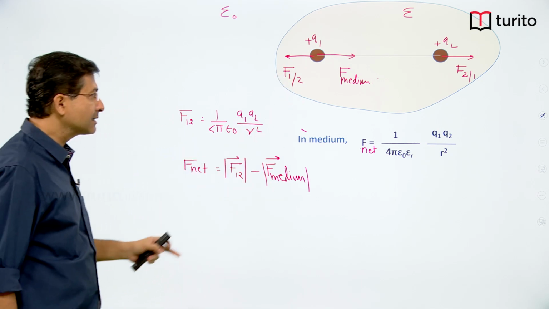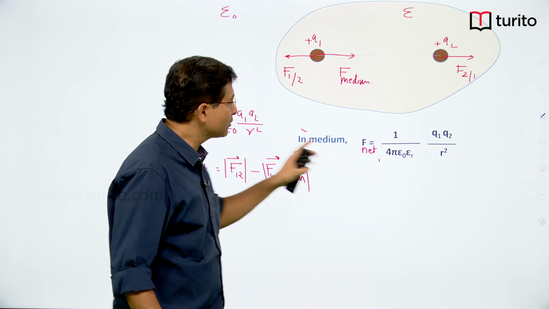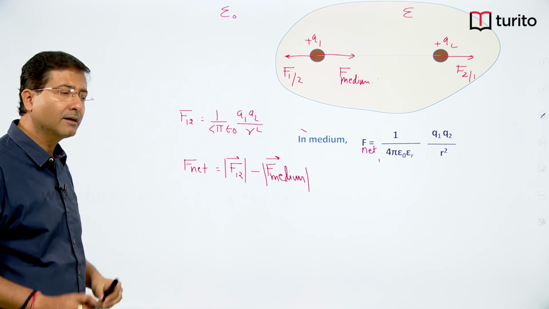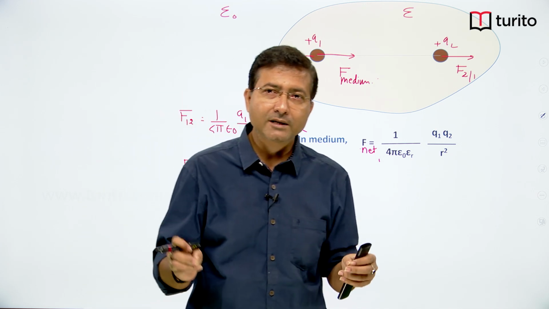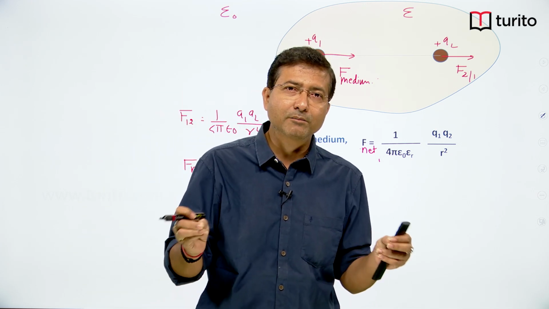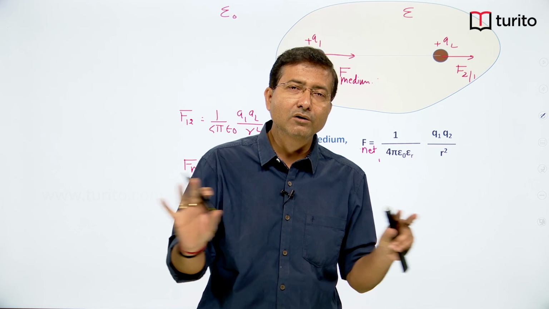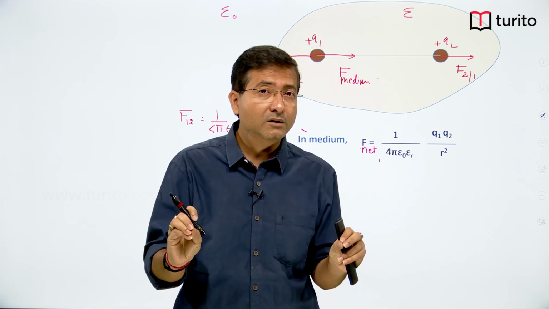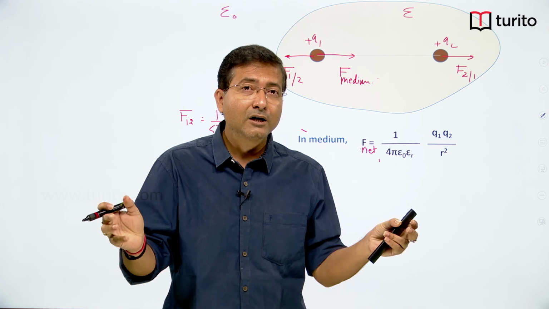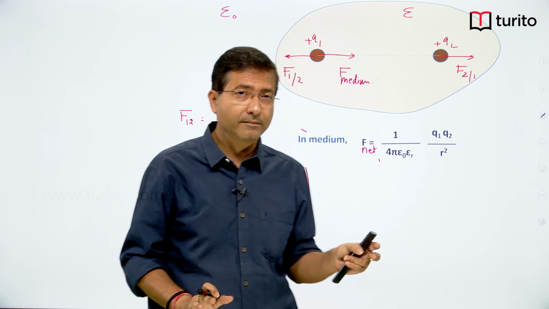Now let us get back to the net force. I hope this point is clear. No matter whatever the medium is, if I just ask what is the force of interaction between the particles, that is not going to change. It is the net force which gets affected due to the charges of the medium.